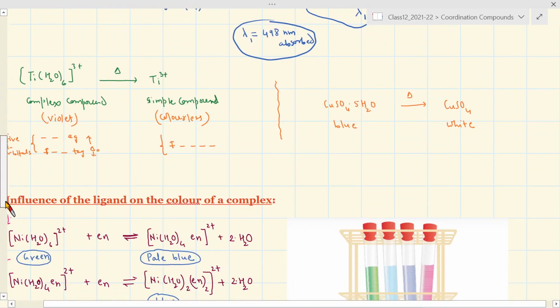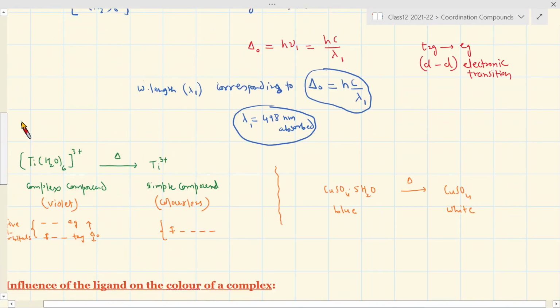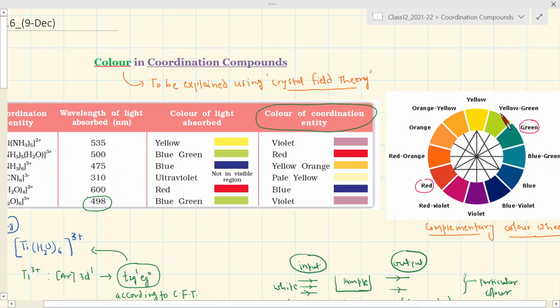Similarly, if you look at the yellow-green region, somewhere in this range, then the color of the complex compound's aqueous solution will be somewhere here. That means we see it as a violet color.